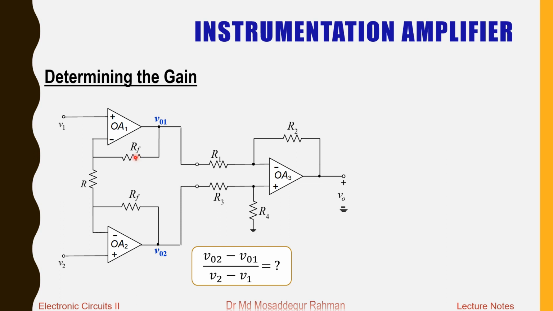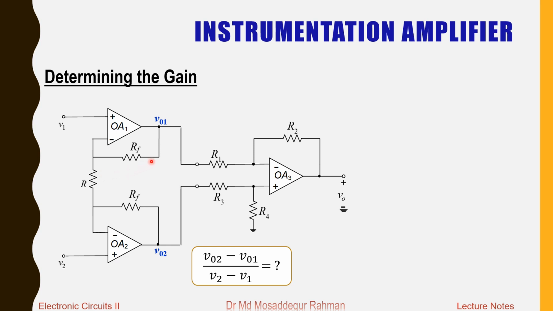To find the voltage, you need to know the current, and if you multiply the current with the resistance, then you have found the voltage. How do you determine the current? Current is the voltage difference divided by resistance.